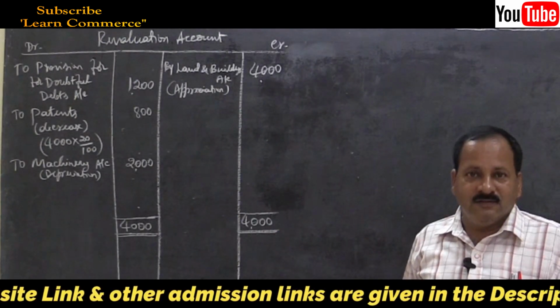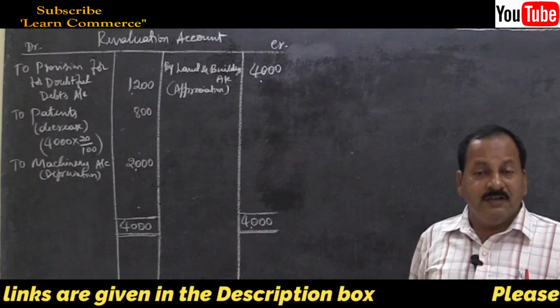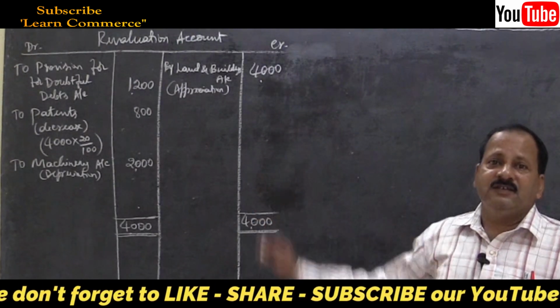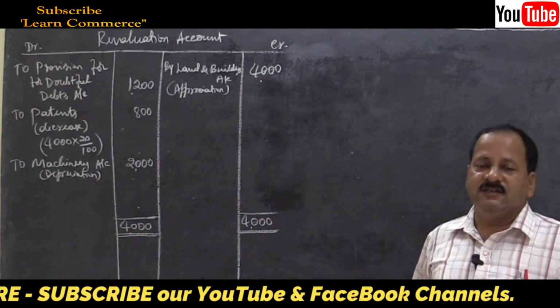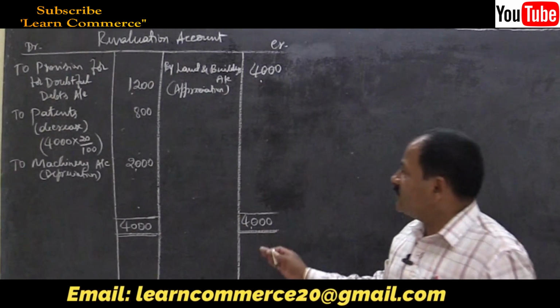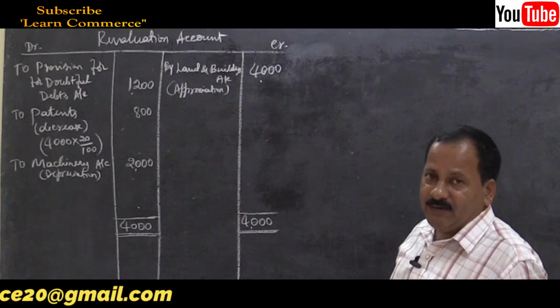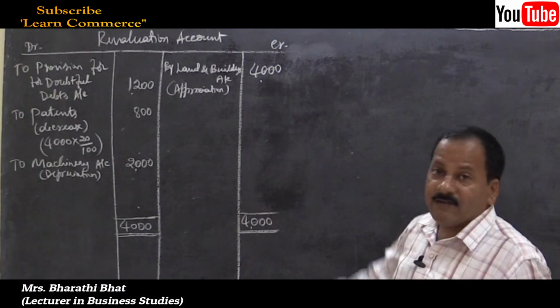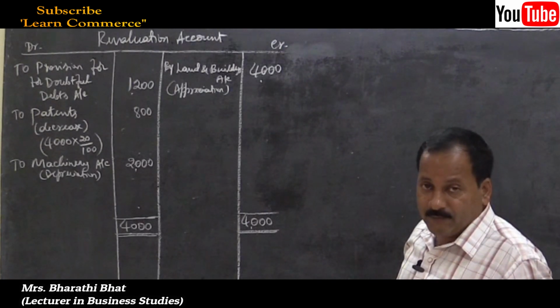Because there is no profit, no loss, there is no question of transferring anything to partners' capital accounts. So just do the total of the revaluation account and keep it as it is. No entry in capital account regarding revaluation profit or loss.